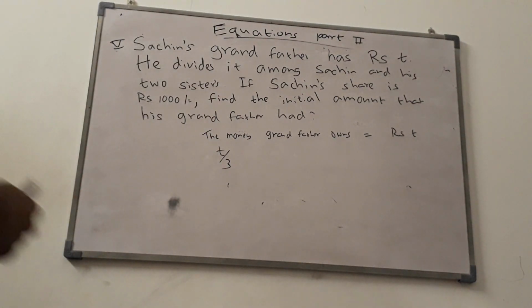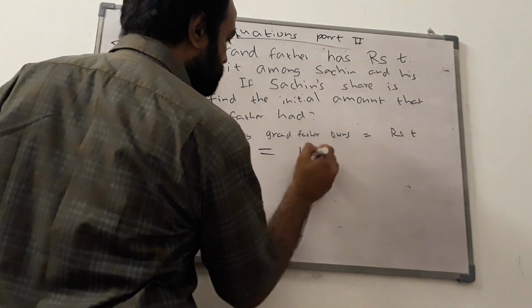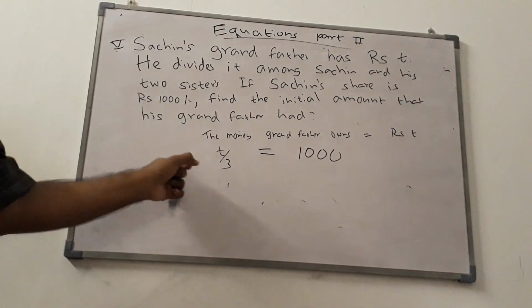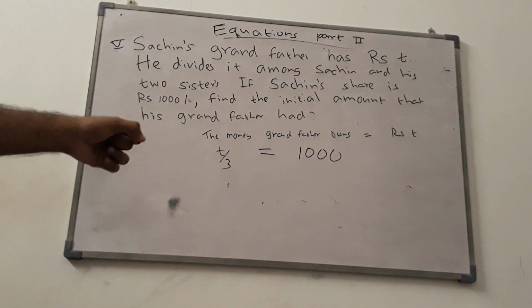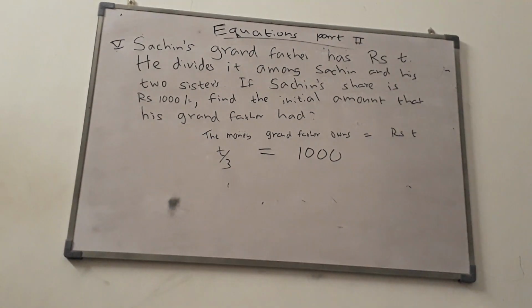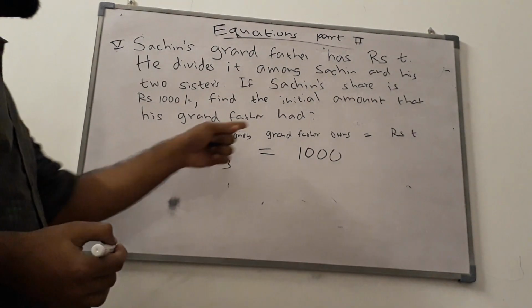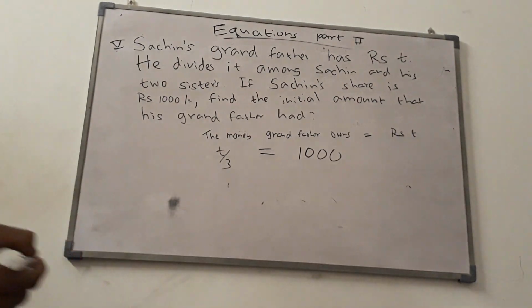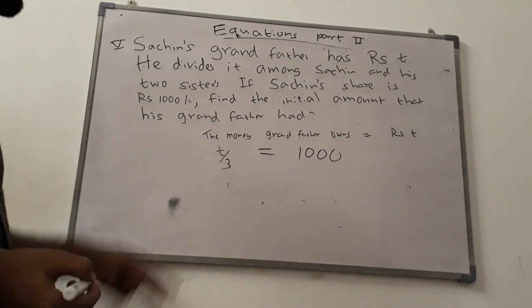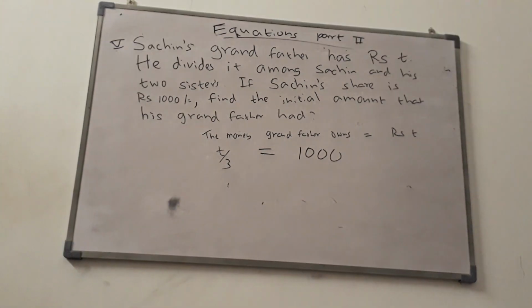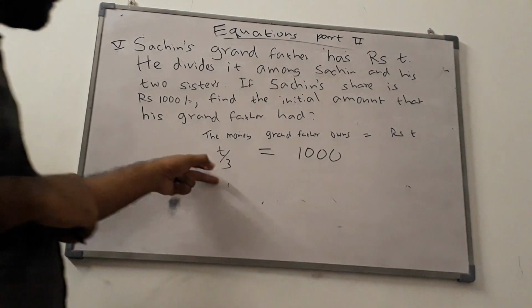And Sachin's share is also equal to 1000 rupees. So Sachin's share in terms of T means T divided by 3, because it is divided equally among 3 grandchildren. So T divided by 3 is equal to 1000. Now how can we remove this 3?